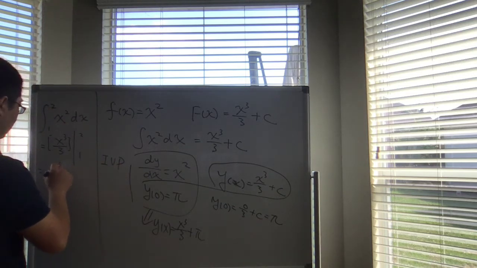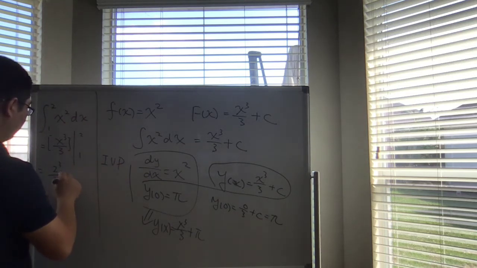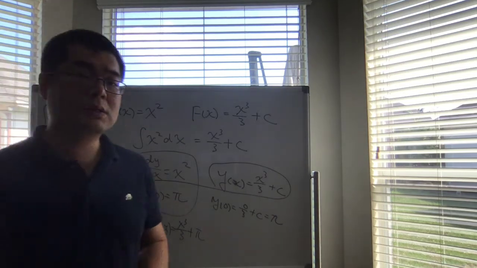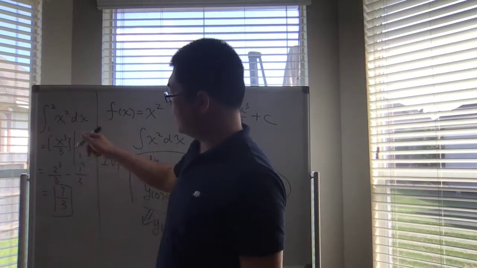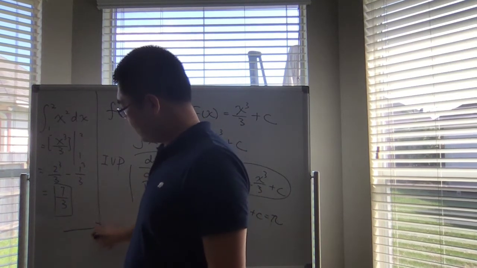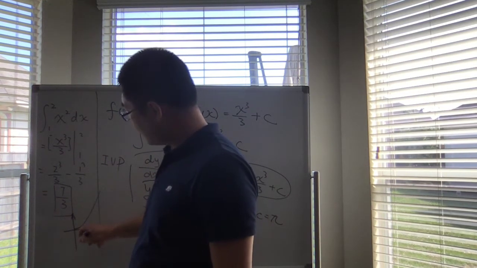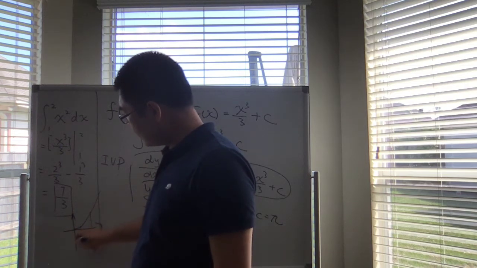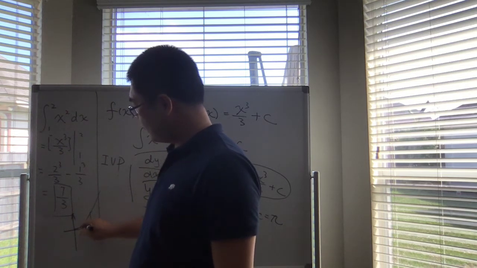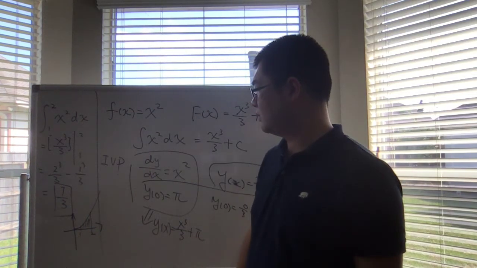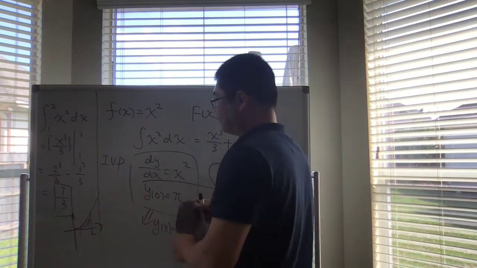So you have 2 cubed over 3 minus 1 cubed over 3, which gives 7 over 3. If this is positive, it actually stands for the area under the curve from 1 to 2. So that's the meaning.